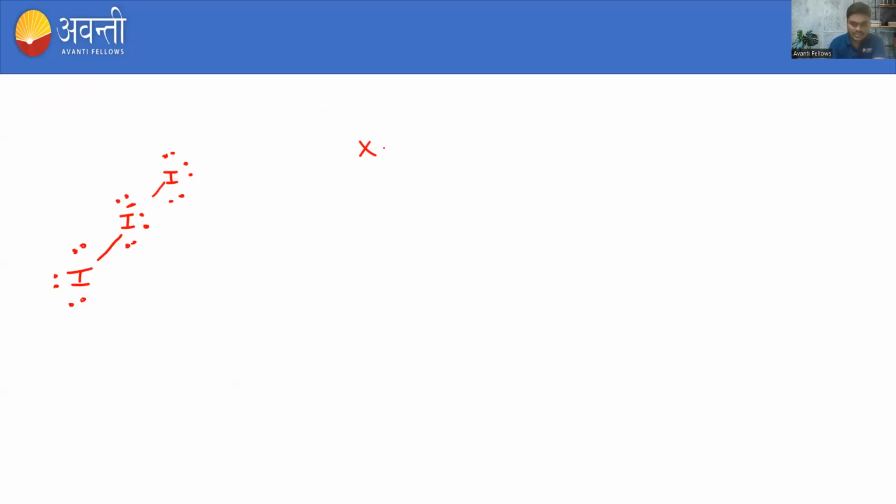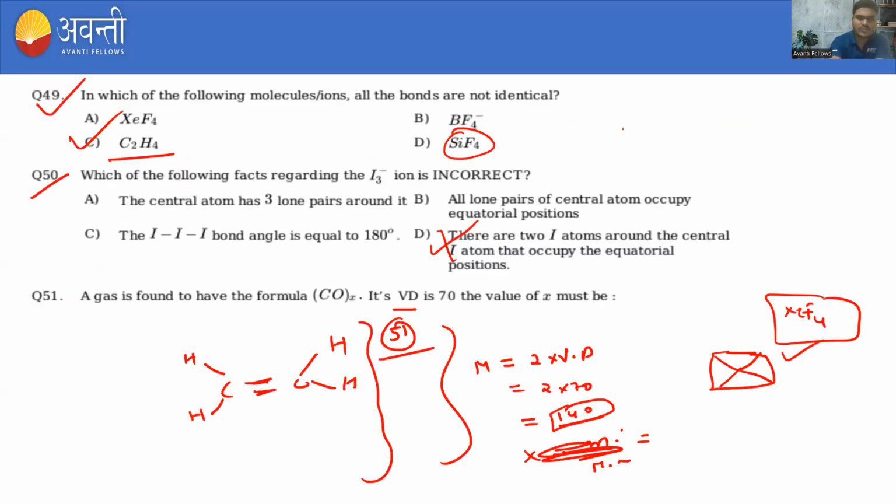What is this x? So this x is equal to the molecular weight divided by the weight of CO. So the molecular weight we calculated is 140 and CO is 12 plus 16. So on solving you will get around 5. Right. So which option is correct?